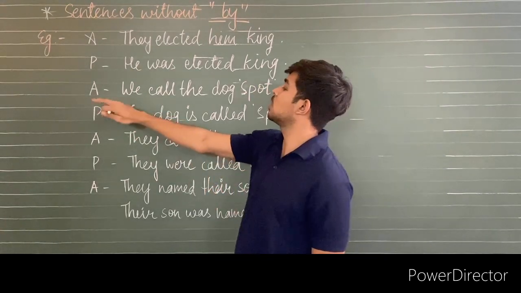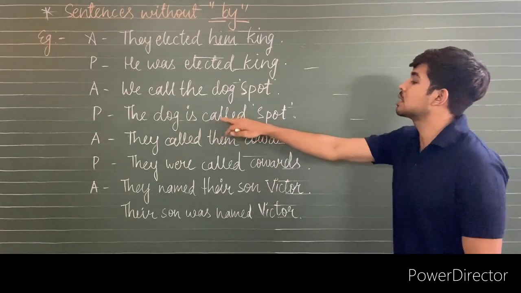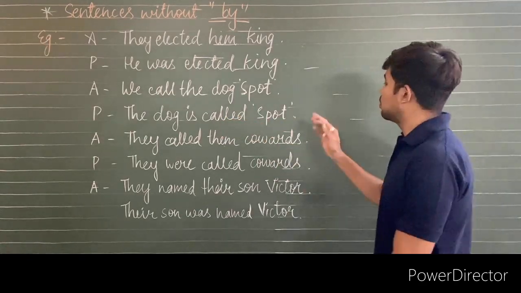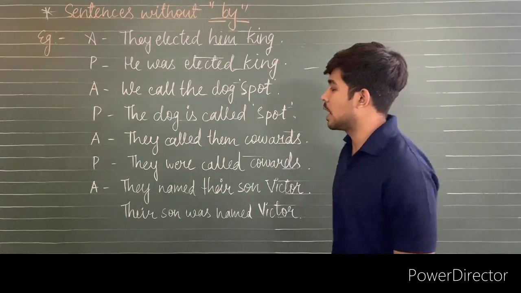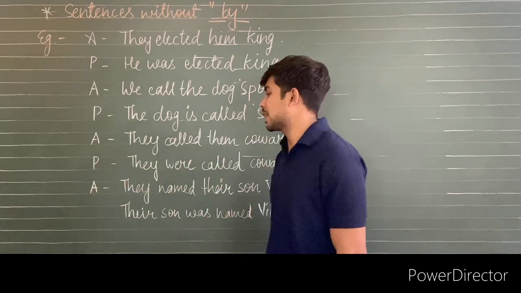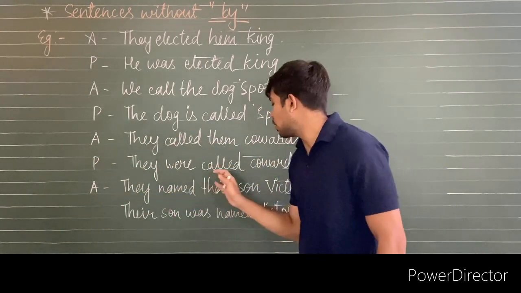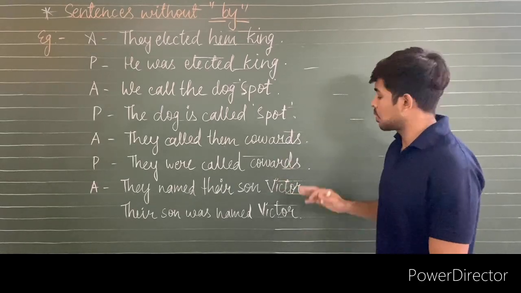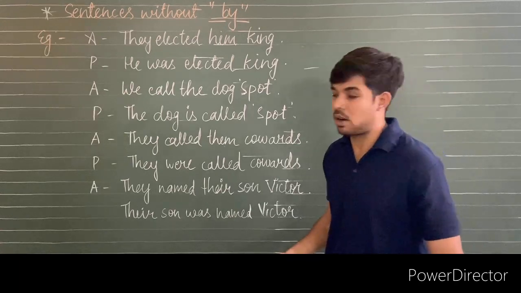In this example also, "We call the dog Spot." "The dog is called Spot by us." So it is not necessary to write that. In this example also, active voice: "They called him cowards." "They were called cowards by..." we can write it, but we will not.